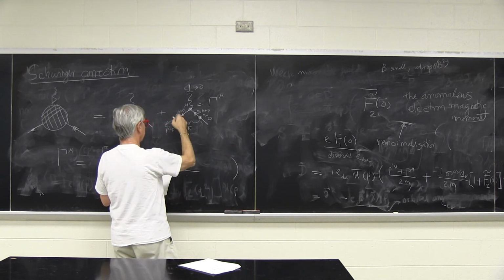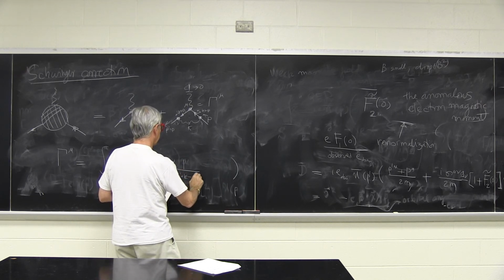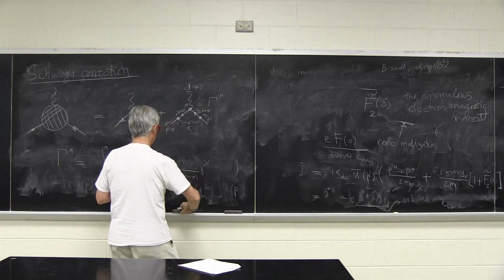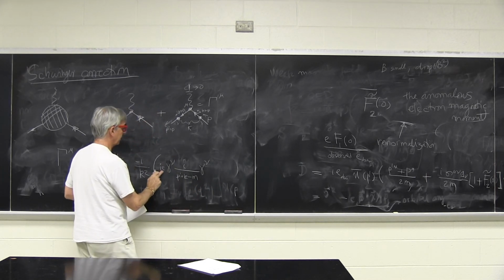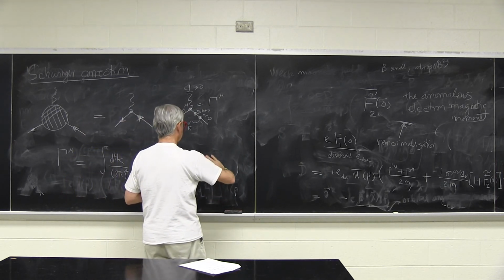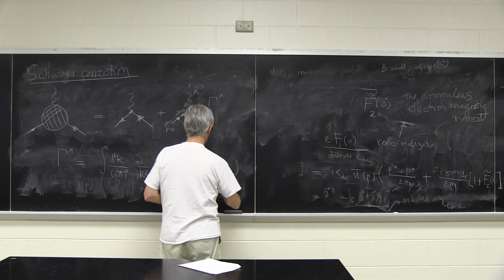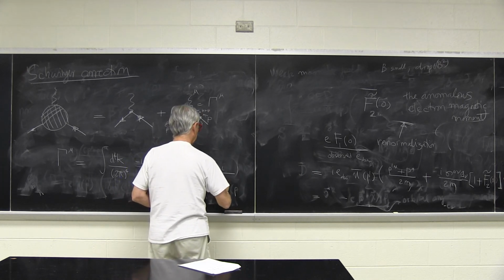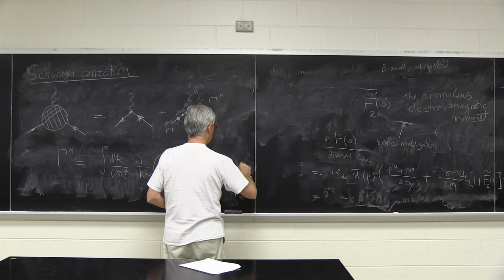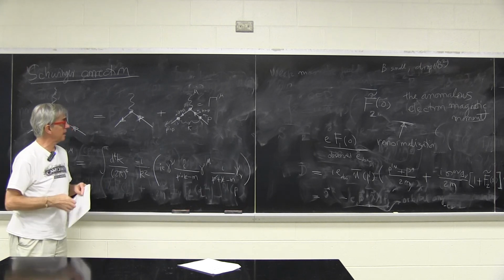And then there will be this propagation here, which is i over p slash plus k slash minus m, gamma mu, and these carry i's with them, and this i e is from the vertex. So that's the Feynman diagram for this vertex.